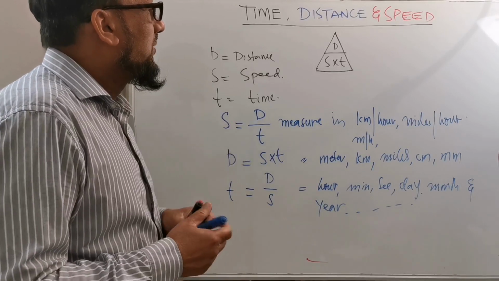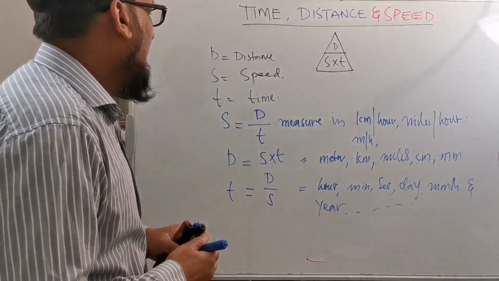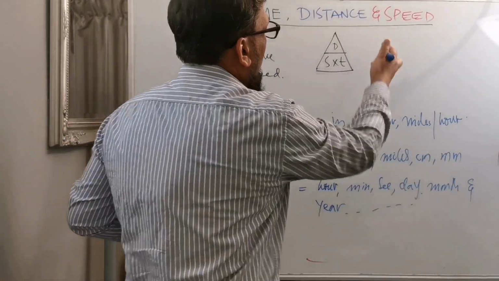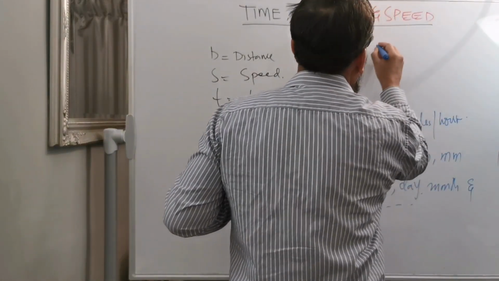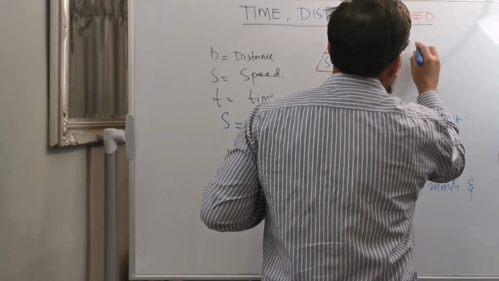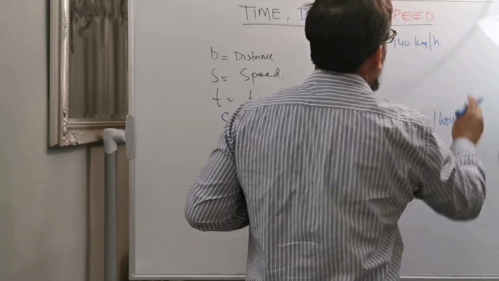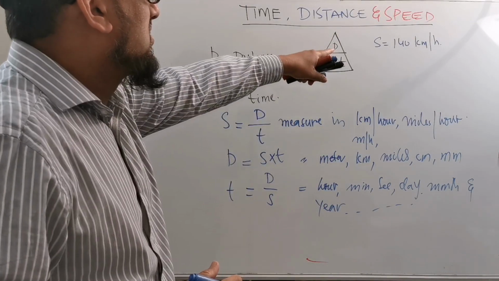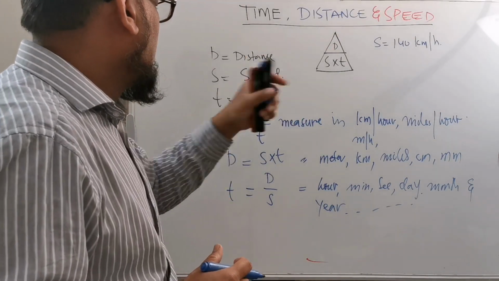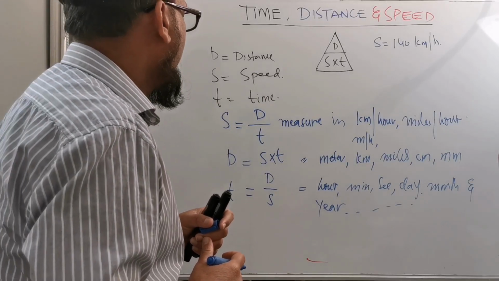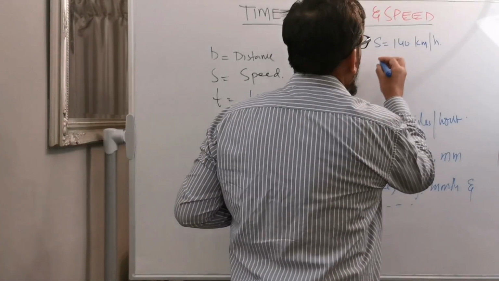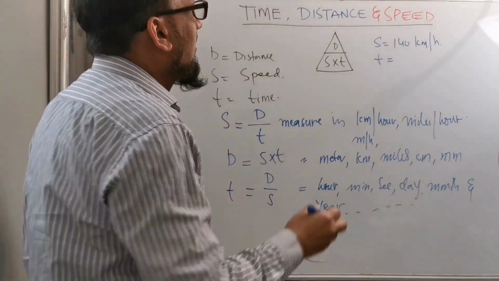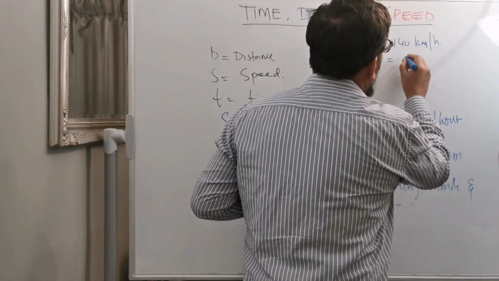So for example, if I say that the speed of a car is 140 kilometer per hour and the time it takes is 2 hours.